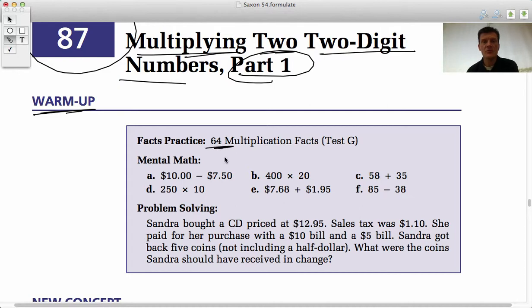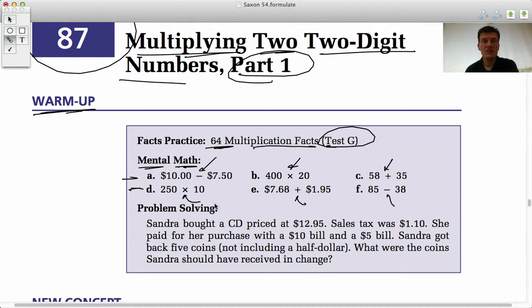Don't negate your multiplication facts, so you might want to look back at test G and just look back at all of those multiplication procedures. Mental math, take your time doing those. You definitely want to be able to master the skills of these operations: subtraction, multiplication, division, and addition.